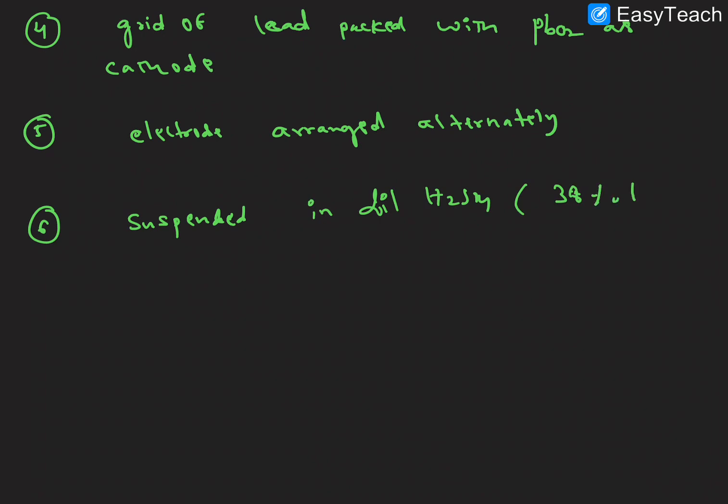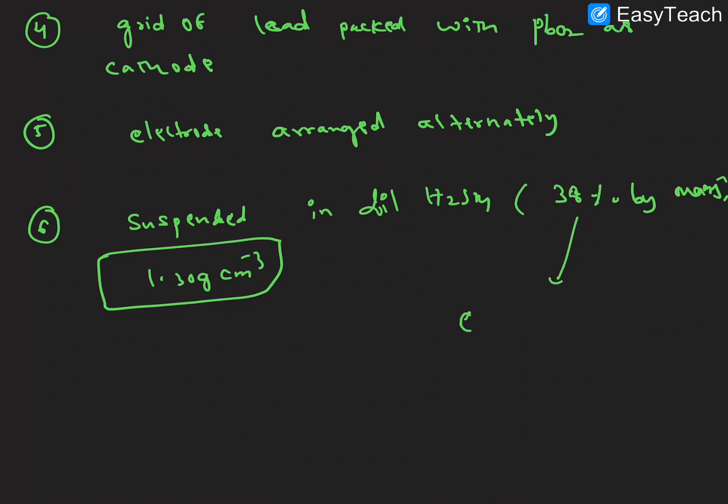This is 38% by mass, or a density of 1.3 grams per cubic centimeter. So we can take the H2SO4 concentration as 38 percent by mass. I hope it is clear. This is acting as the electrolyte, right?